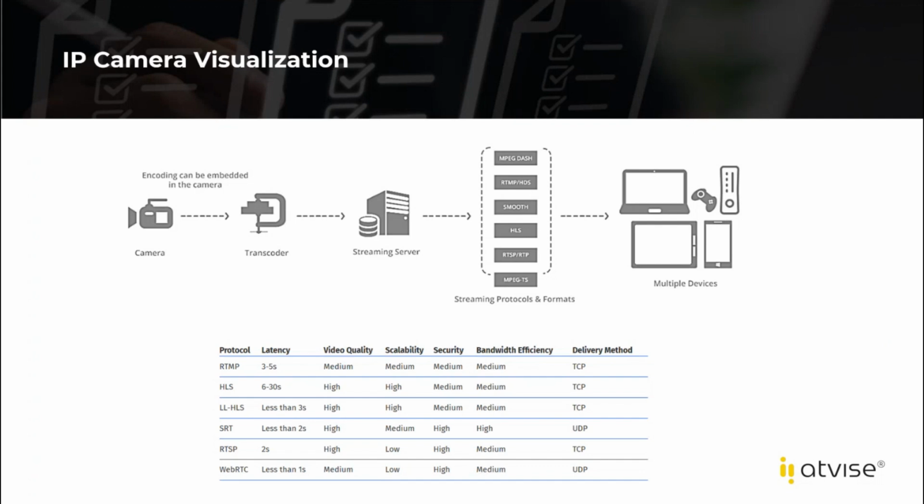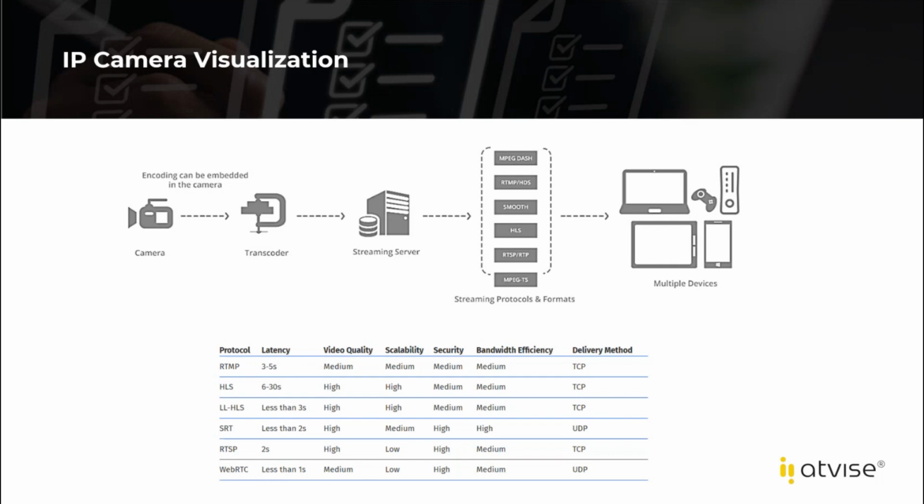There are multiple possibilities and architectures, and some of them obviously have advantages, disadvantages, and so on. But in general terms, we can assume that if we can access and view the system from a conventional web browser, then it is probably also possible to integrate the visualization from atvise, since as you already know, atvise uses pure web technology. So if we can view the camera from a web browser, we can probably embed everything in atvise.